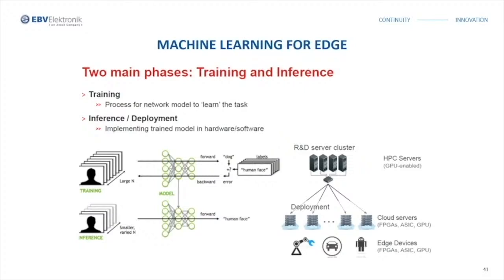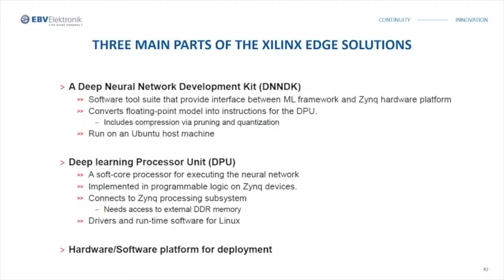I would like to present solutions that we can use together with XILINX in order to implement these models very quickly, very fast and very efficiently in the end in FPGA system on chips of XILINX. There are three main parts of the XILINX edge solutions. The first one is DNNDK, the Deep Neural Network Development Kit.